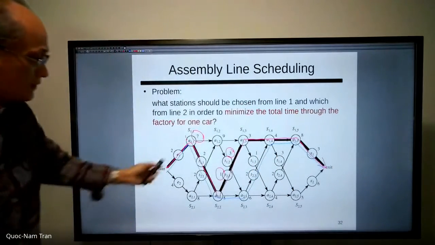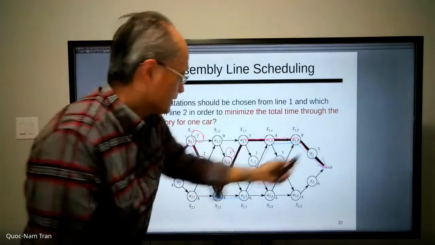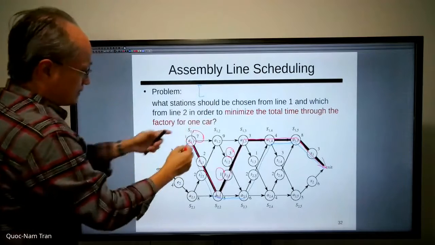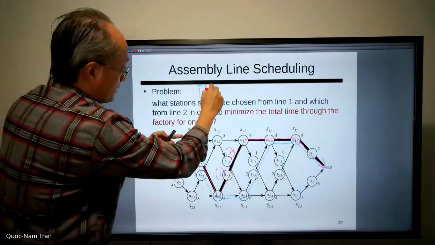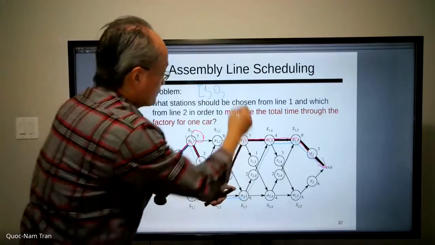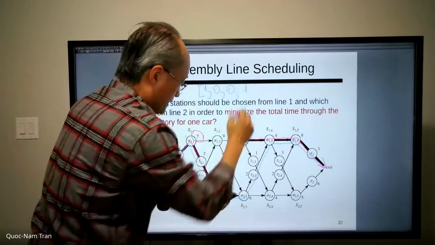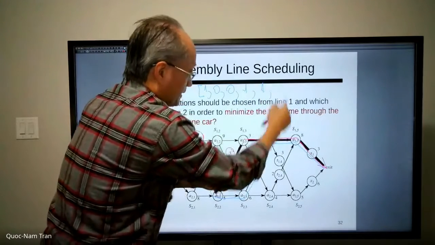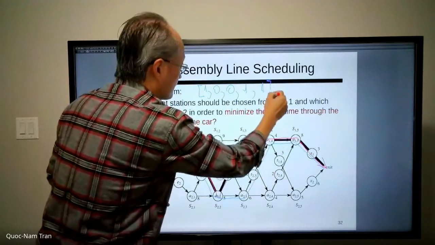Right? So the cost for this way, and we know that we have it at 1, 0, 0, 1, 1, right? Okay, and exit.